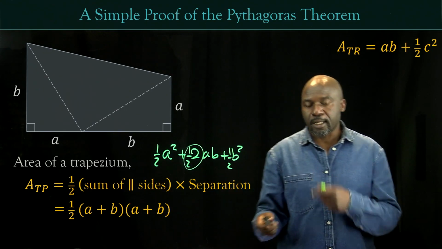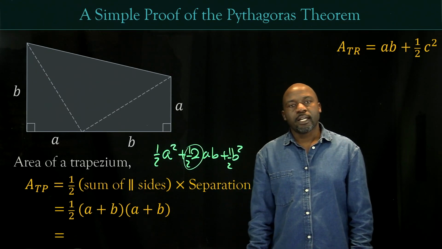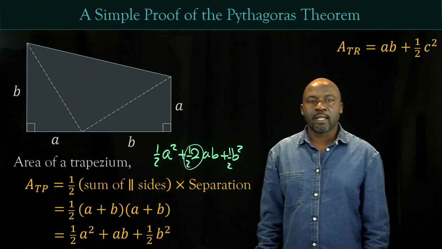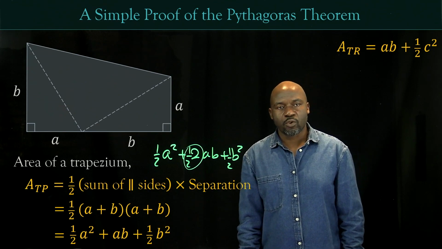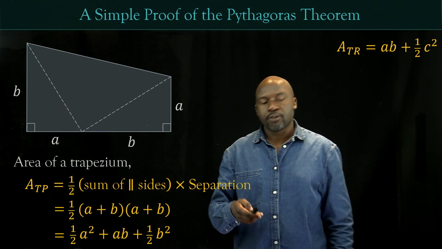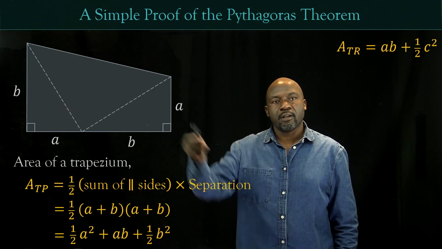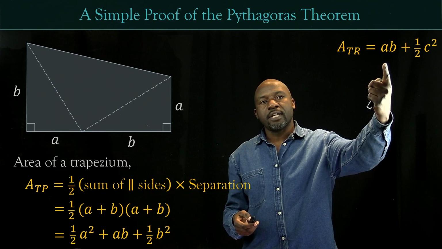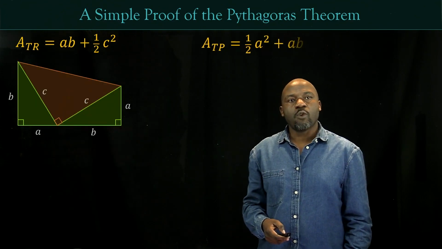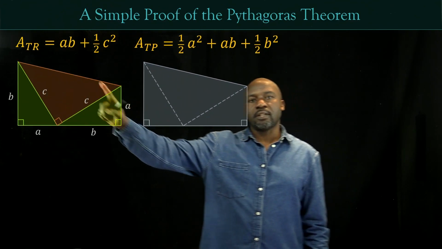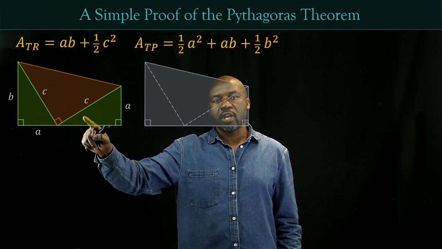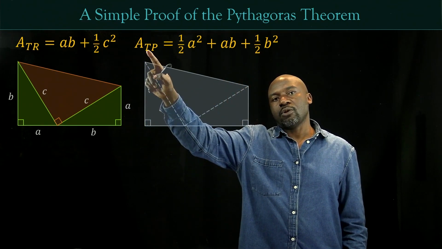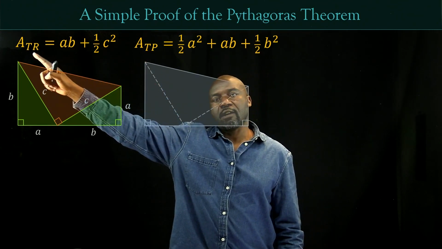So keeping that in mind, we have expressed the area of this trapezoidal shape in two ways. One is in terms of the sum of the area of triangles, and the other is as a trapezium, so TP for trapezium, TR for triangles.